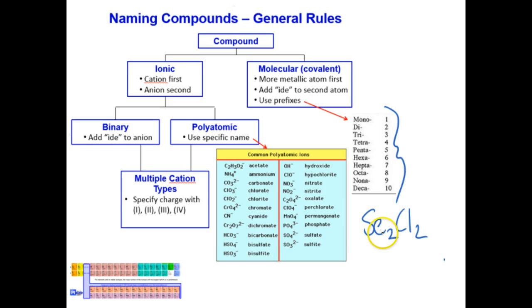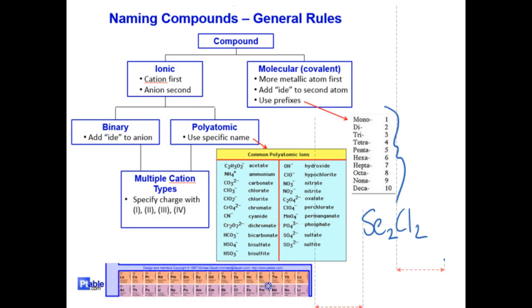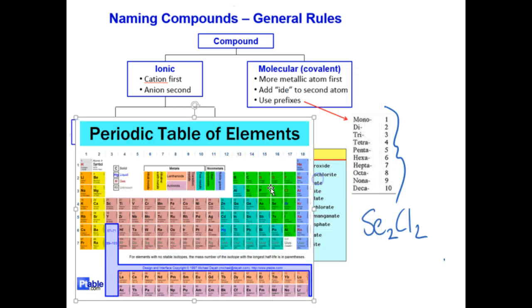Here's another example. We have SeCl2. Well, I know Cl is chlorine, and there's 2 of them, so it's going to get the IDE suffix, so it's dichloride. But Se, that's an element I'm not as familiar with. So we'll go ahead and take a look at our periodic table. And we will have to bring this to the front.